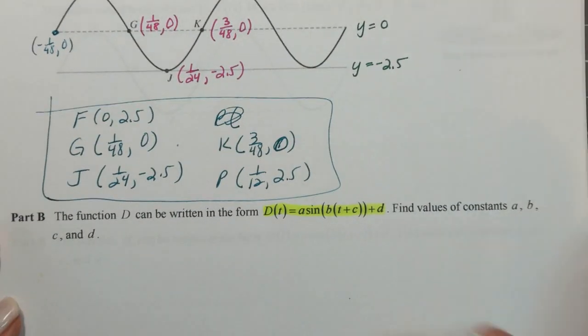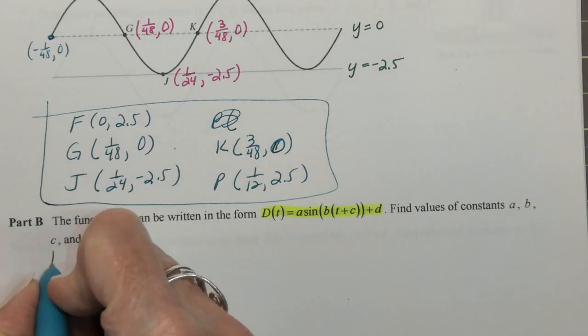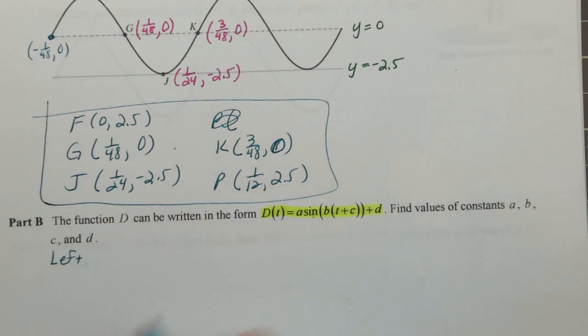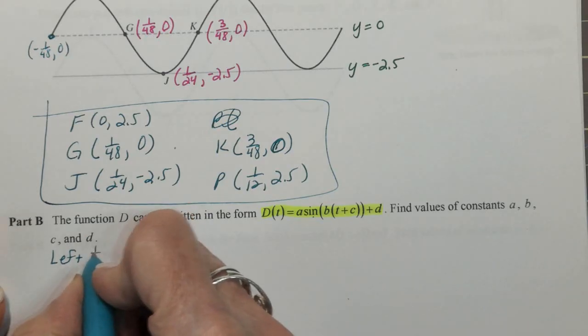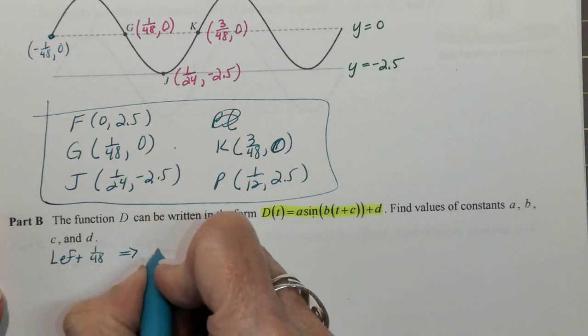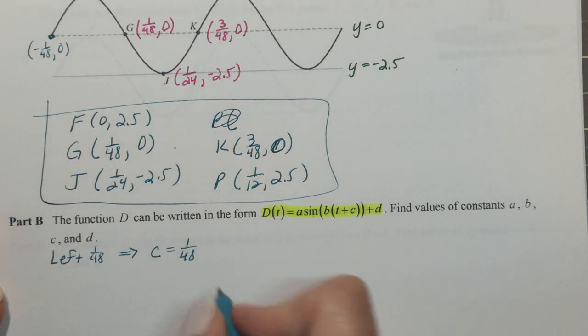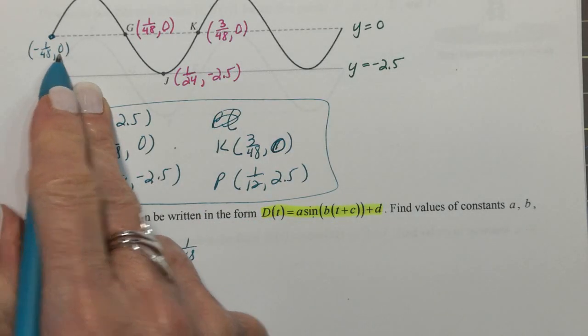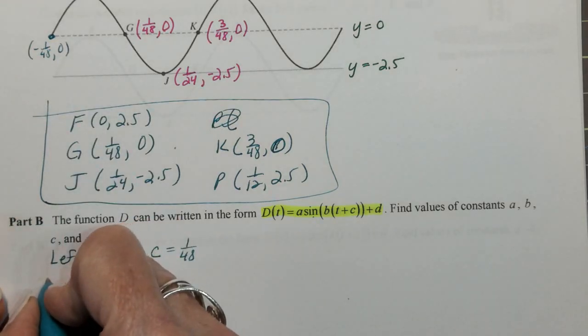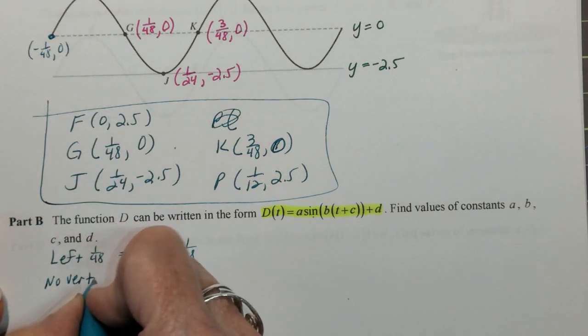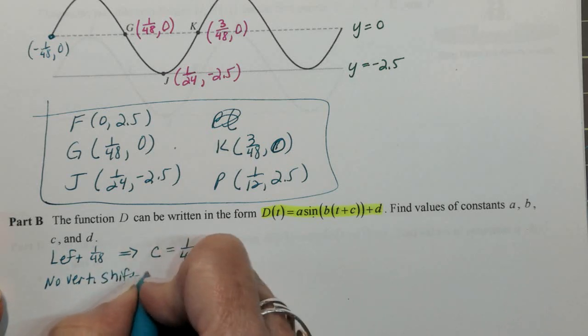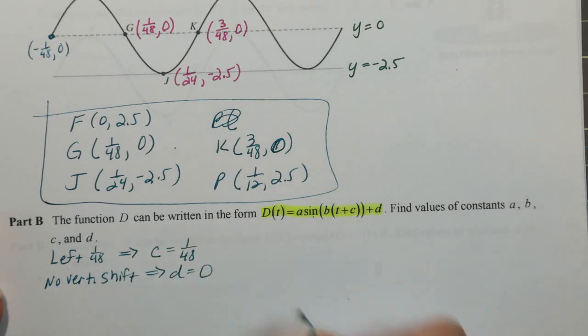So that is a shift left, and that's going to be my starting point for sine. So left 1/48 means that C is positive 1/48. We're not shifting up at all, so no vertical shift. So D is 0. I'm writing this for the sake of your notes. You wouldn't have to write that on your paper for the test.